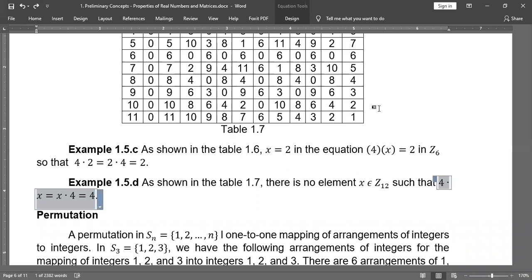Sir, kailan mo malalaman kung mag-start ka ng 0 or 1? Always sa Z sub n. Ngayon, pag given yung mga set, I mean yung mga numbers sa loob ng set, dun ka palang mag-start sa pinaka-lowest, yung pinakauna. Dun sa example 1.3a, nag-start sila ng 2, 4, 6, 8.